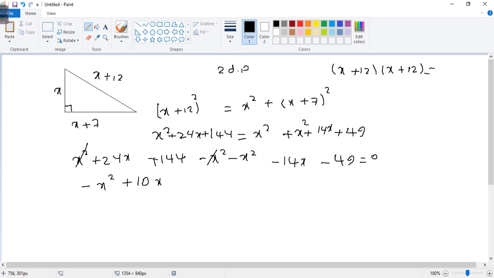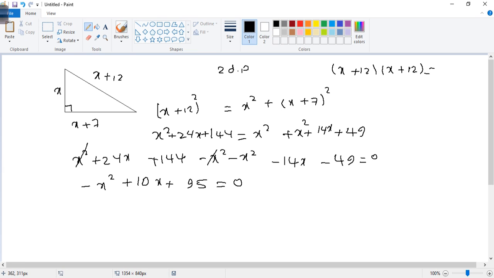And 144 minus 49: 14 take away 9 is 5, and 13 take away 4 is 9. It will be 95. That's all equal to 0.